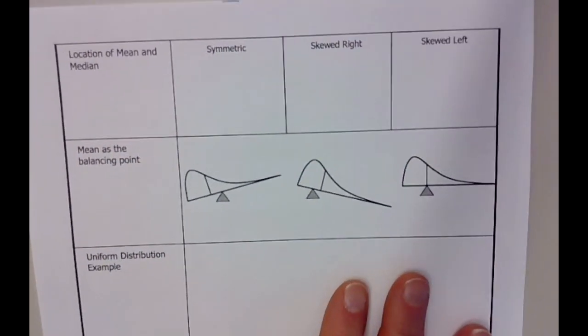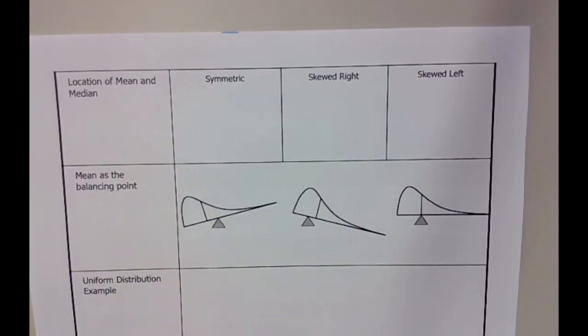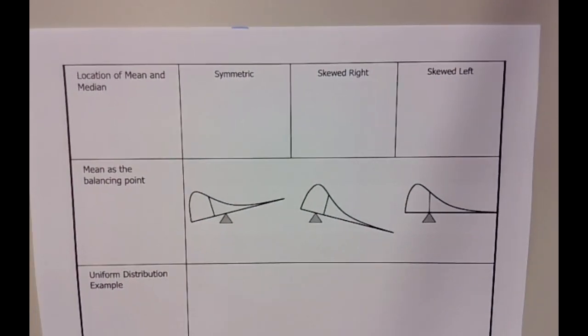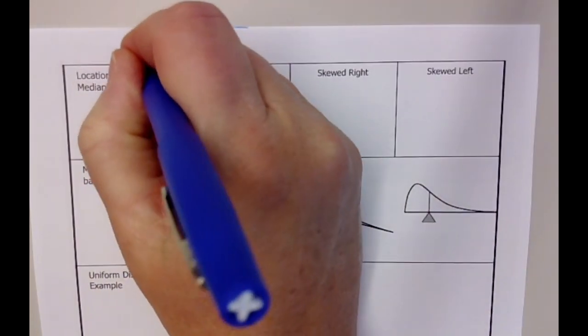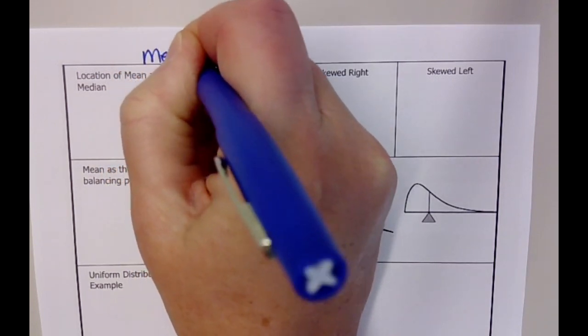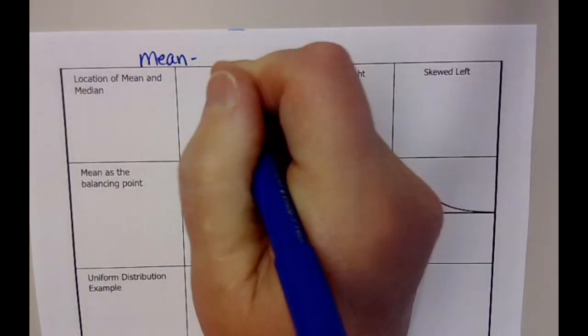Now, when we have our curve, we have several things that we need to think about. We want to think about where the mean and the median is located on that curve. In a density curve, the mean is the balance point.